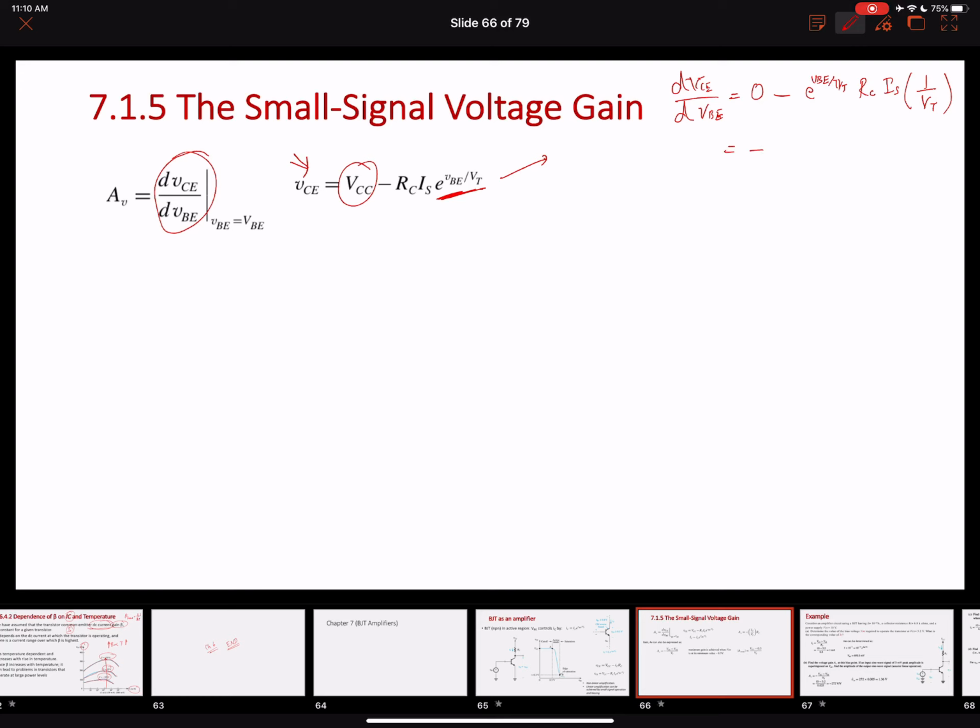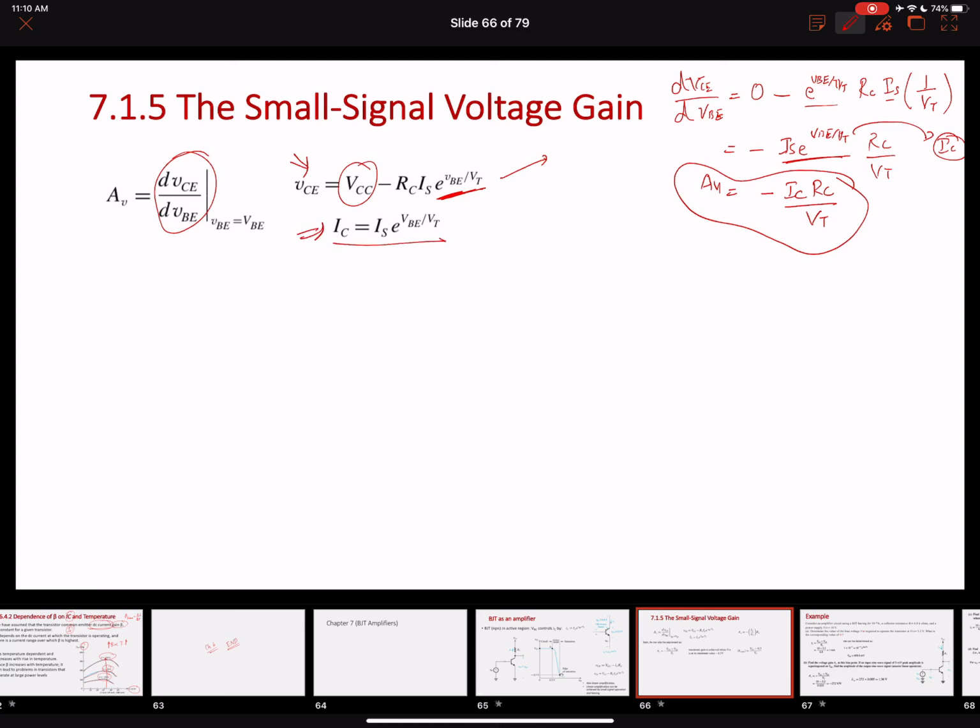So what I end up getting is IS e to the VBE over VT RC over VT. And this is our regular collector current. So we get minus IC RC over VT, the voltage gain. Again, this was the collector current, IS e to the VBE over VT, which we replaced over here. So this is the value that we got.